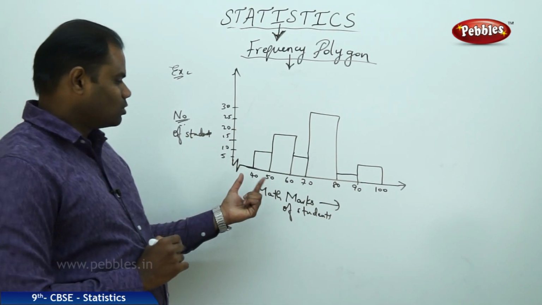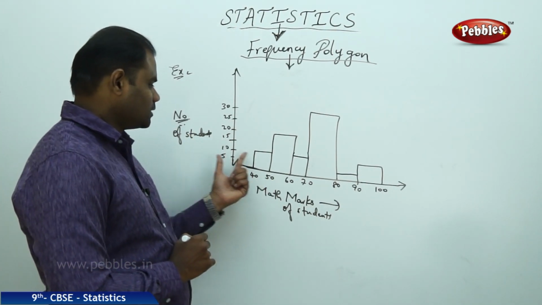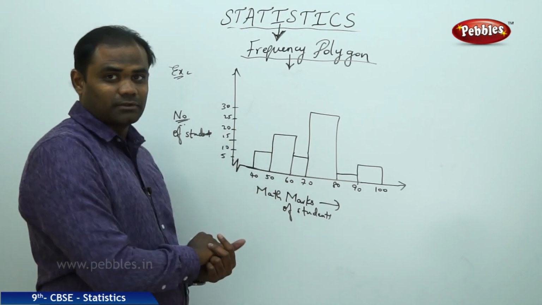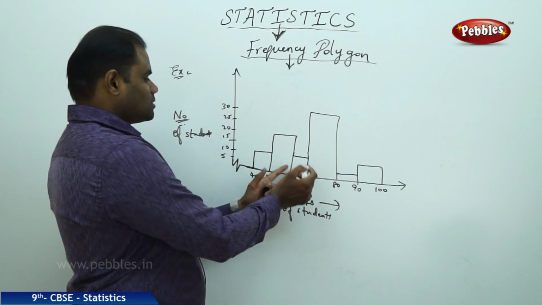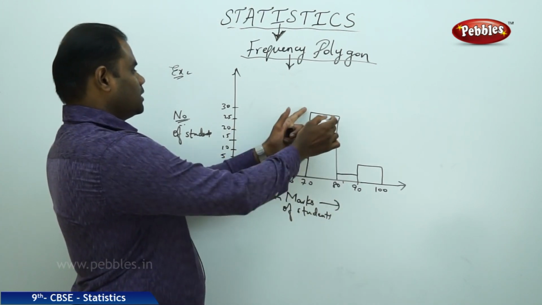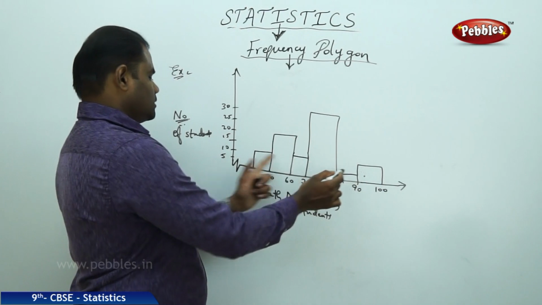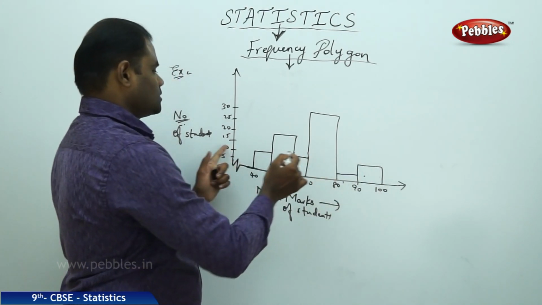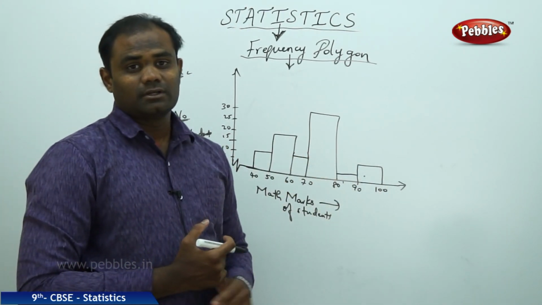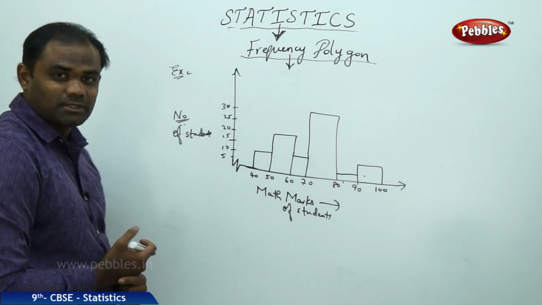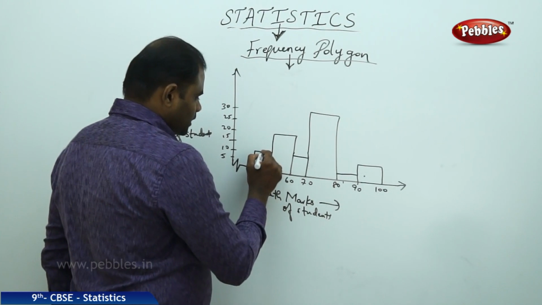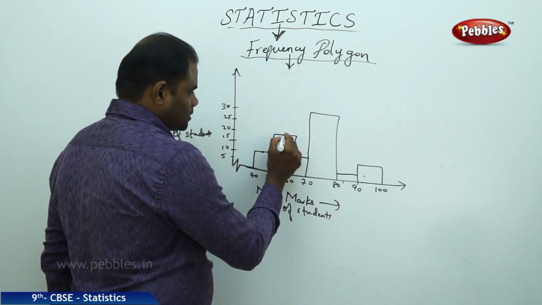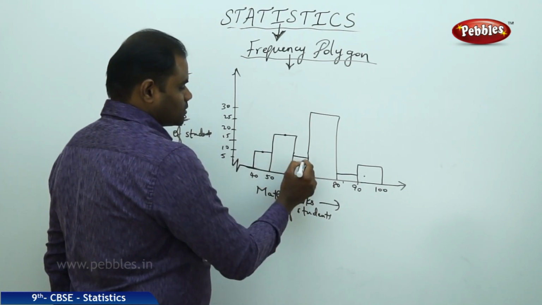The students who got marks between 40 and 50 is 10, which is how we understand the frequency table. Those who got 50 to 60 is 20, 60 to 70 is 10, 70 to 80 is 30, 80 to 90 is 5, and 90 to 100 is 10. This is how we understand this histogram. A frequency polygon is obtained when I join all the midpoints of the width of the histogram.